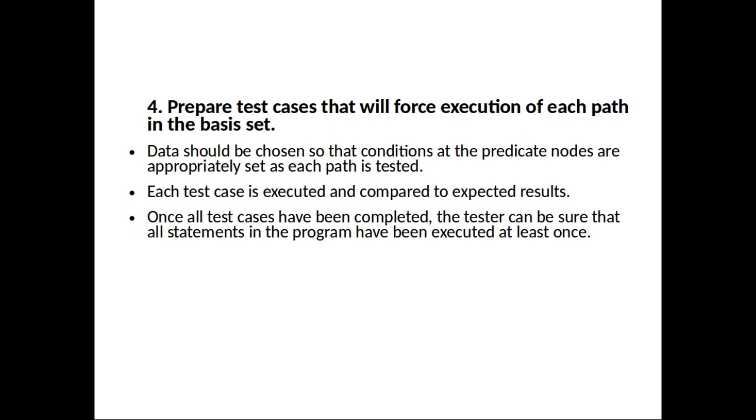Data should be chosen so that conditions at the predicate nodes are appropriately set as each path is tested. Each test case is executed and compared to expected results. Once all test cases have been completed, the tester can be sure that all statements in the program have been executed at least once.